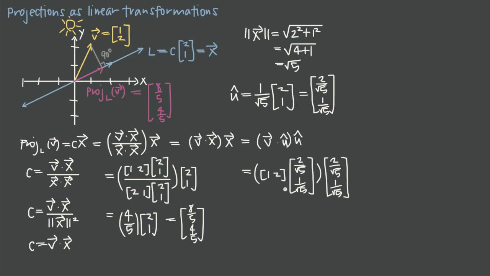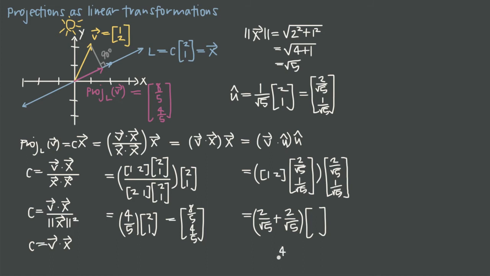And if we simplify this way, we'll first take this dot product here, so we'll get 1 times 2 over root 5 is 2 over root 5, plus 2 times 1 over root 5, or 2 over root 5, so plus 2 over root 5. And that sum is going to be multiplied by this vector here. So when we add 2 over root 5 to 2 over root 5, we're going to get 4 over root 5.